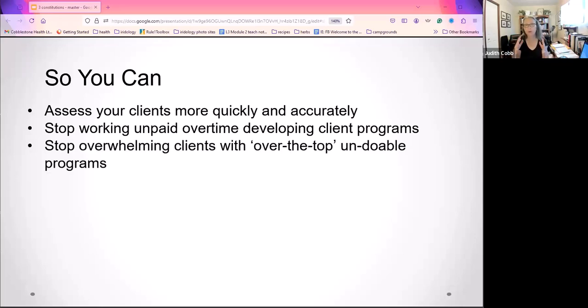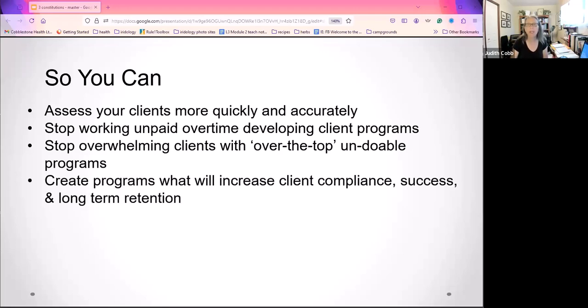When we create our programs in our client sessions, it means that we are laser focused. That helps us to not create programs that are so big that it overwhelms our clients. We're able to focus on what the client needs, what are the recommendations they need to start working on now, and that will help us to help our clients have increased client compliance, success, and long-term retention.